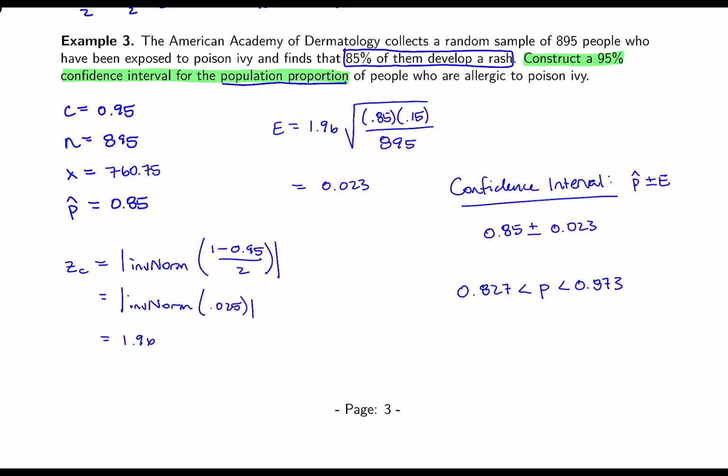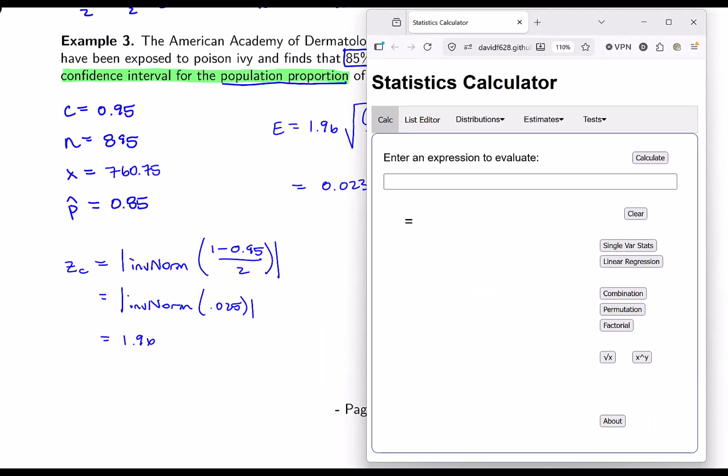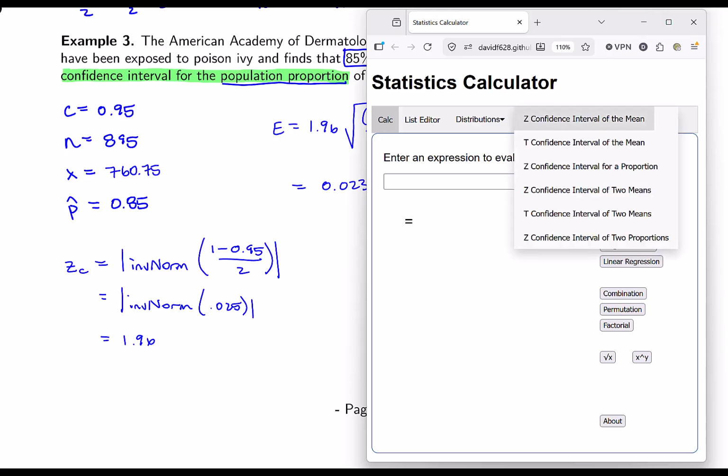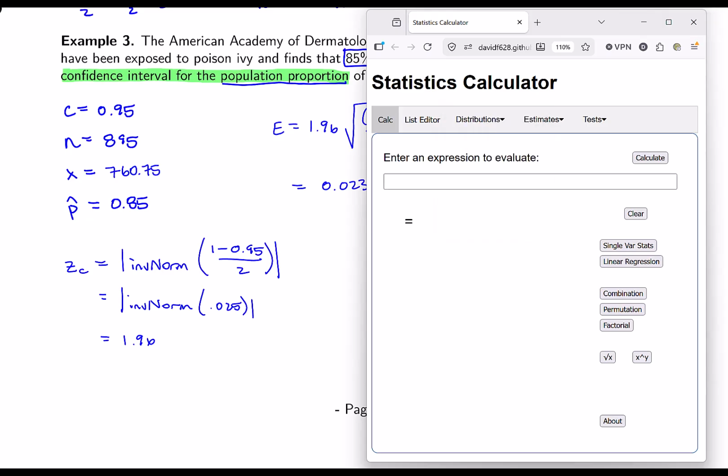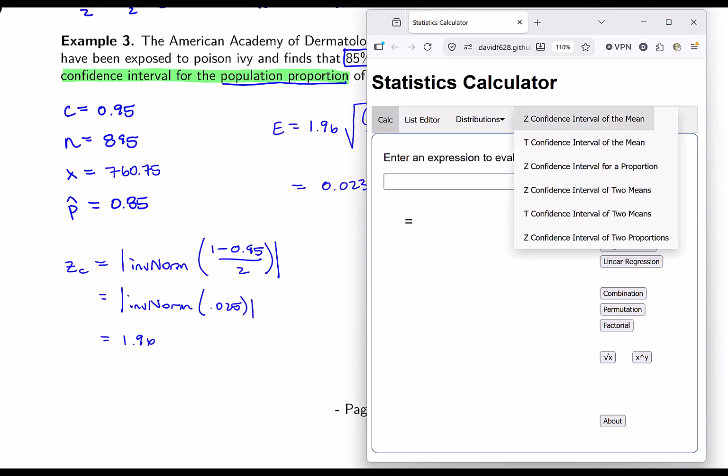But the online stats calculator also provides some additional features to create confidence intervals. And the way that's done, just like before when we did confidence intervals for the mean, we go to the estimates submenu here, and there's a bunch of different options for the types of estimate that can be computed.